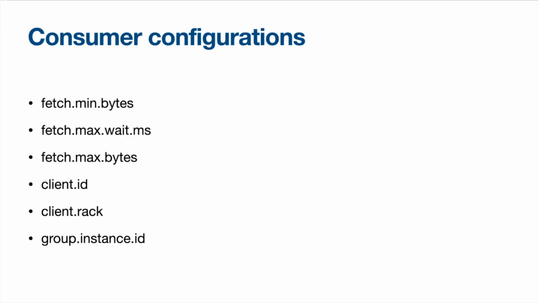In such a case, you want to read data from the ISR that is nearby you. That is only achieved if you have passed this client rack property explicitly in your Kafka consumer group property section.